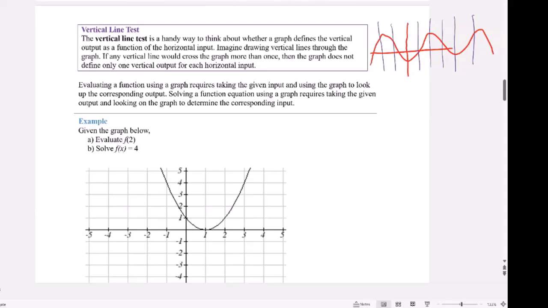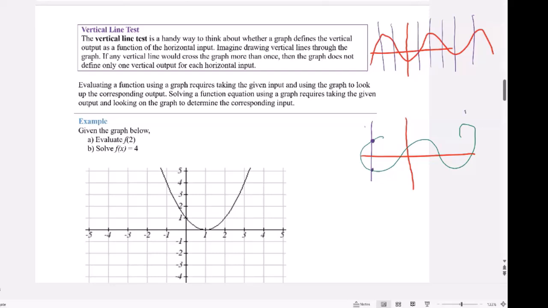But what if I draw a graph that looks like that? Well, this is definitely not a function, because if I put a vertical line here, it's going through 2 points.